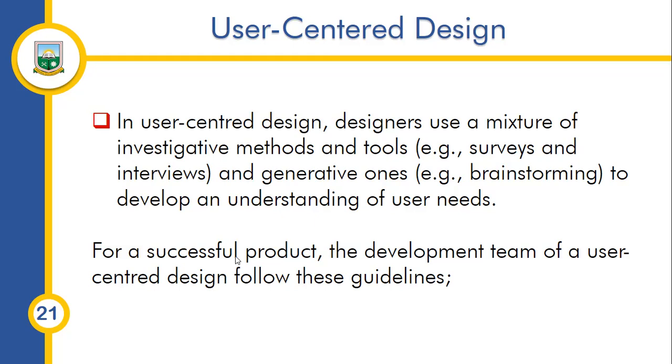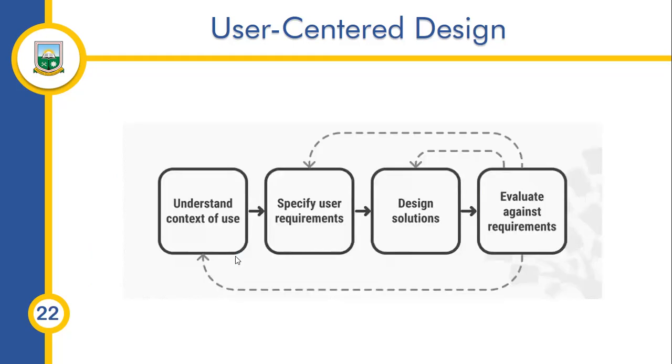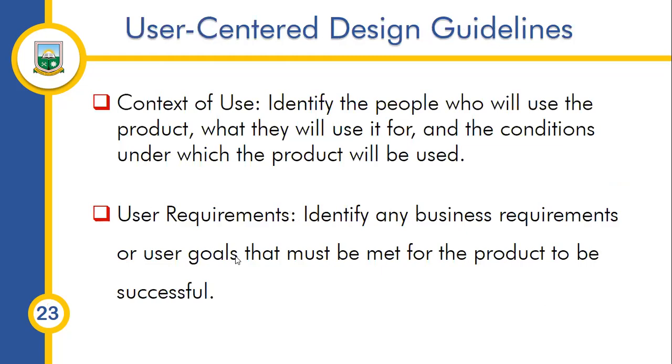One, they have to understand the context of use, then the specifications or requirements of the system, and the design solution, then they evaluate against requirements. For context of use, they identify the people who will use the product, what they will use it for, and the conditions under which it will be used.